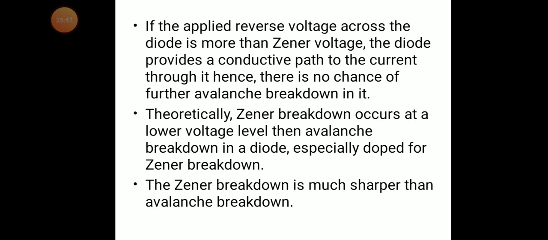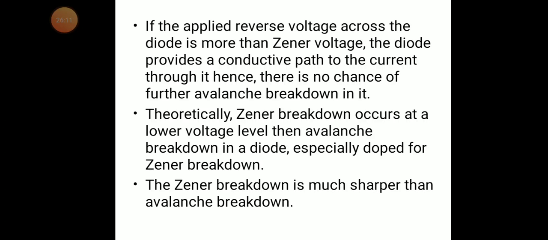If the applied reverse voltage across the diode is more than the Zener voltage, what happens? Zener breakdown is okay, it goes into conduction mode, it is conducting. The diode provides a conductive path to the current through it.